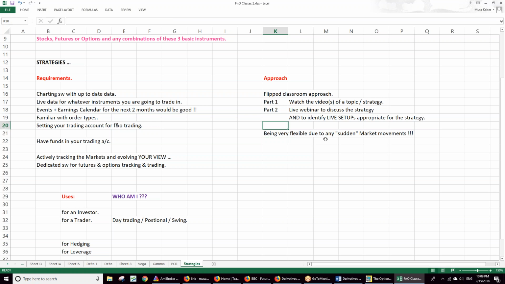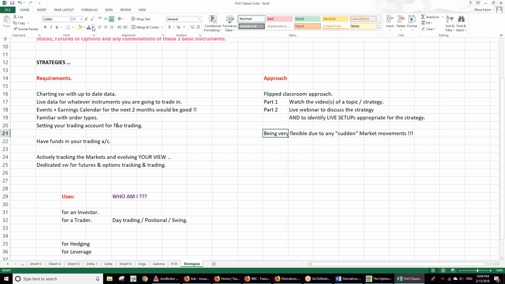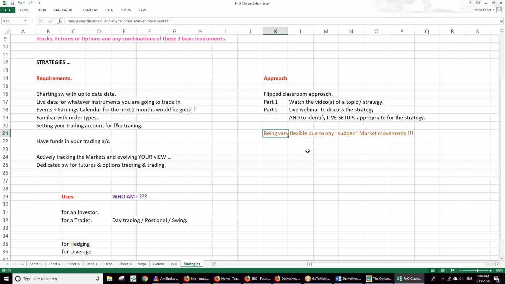So this is something which is very important and pertinent, has to be mentioned. There could be some event that just happens to happen in the market, and it's an opportunity for us to suddenly shift focus and look at a different strategy, which perhaps we might have done much later down the road.